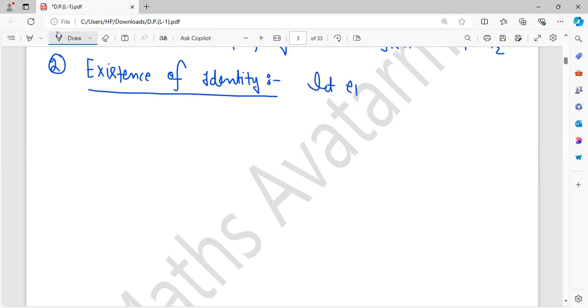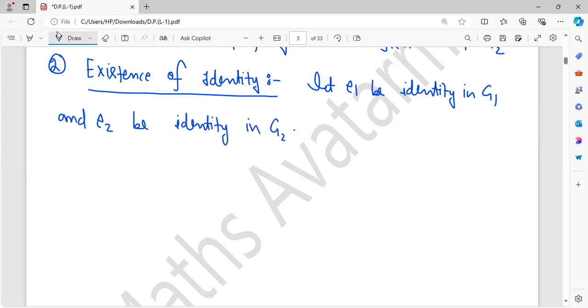Let e1 be identity in G1. Okay. And e2 be identity in G2. Okay.